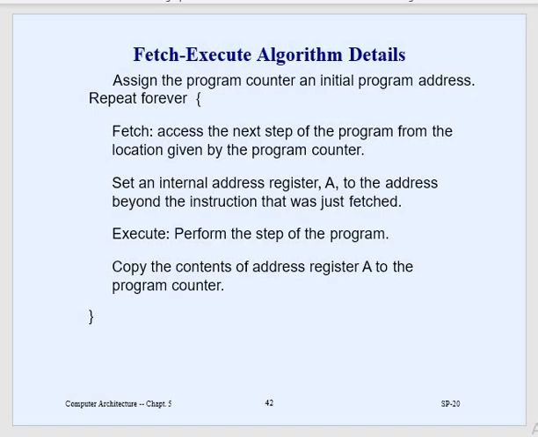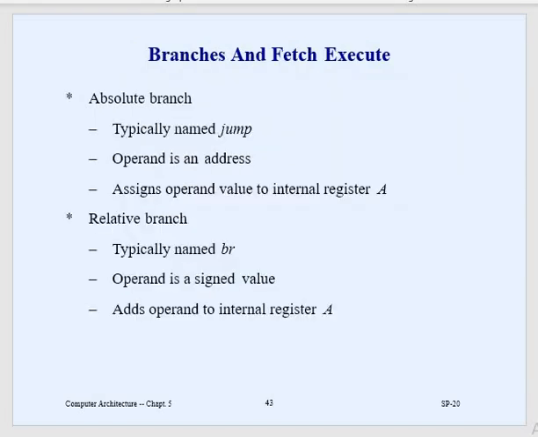Then execute: perform the step of the program, whatever instruction or opcode is at that address, perform that operation, and copy the contents of address register A to the program counter. Normally it adds +1 to the program counter. So if the computer is restarting from scratch, it would be 0, and then proceed 1, 2, 3, and so on. This is the role of the address register.